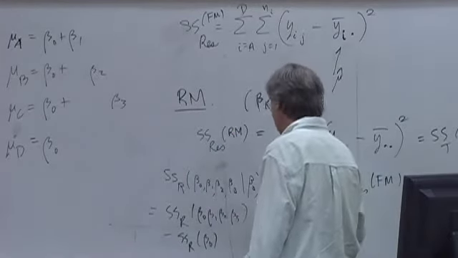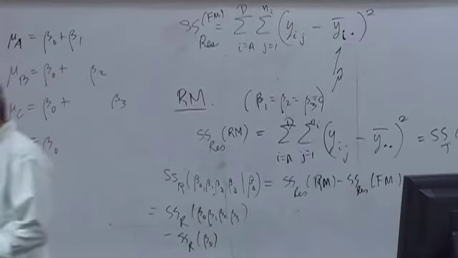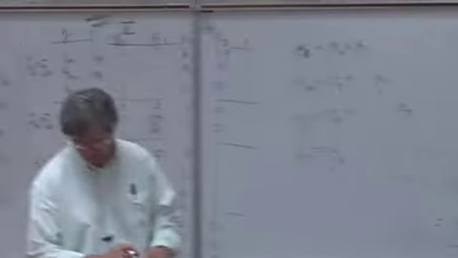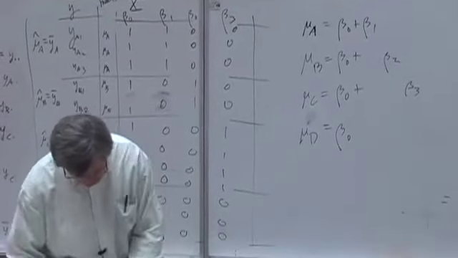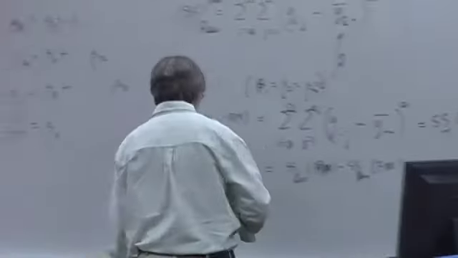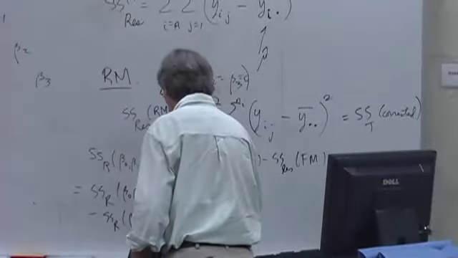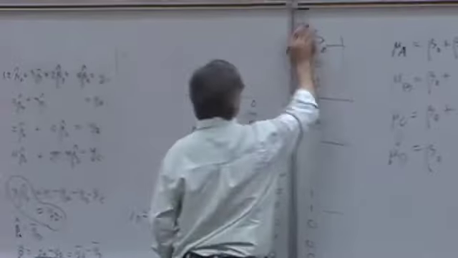So you can calculate it that way, and he does that in the book. Okay, for his example, in the balanced case. That's the way he's done it. So this comes out to be the full model, and so I'll just write it down. This is a little bit confusing, but this is his SSR notation.